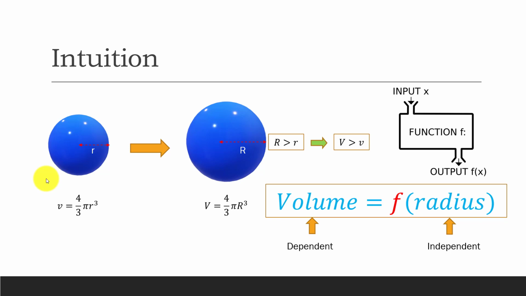Now when we study calculus, we need to define a function in a mathematical way as well. So let us see how we can define a function formally. The formal definition of a function involves set theory. We will go by the same example we saw in the previous slide.